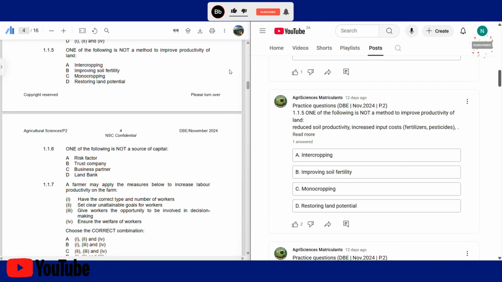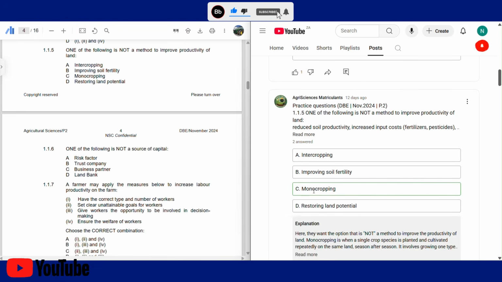So here they want the option that is not a method to improve the productivity of the land. So we said that's C, monocropping.